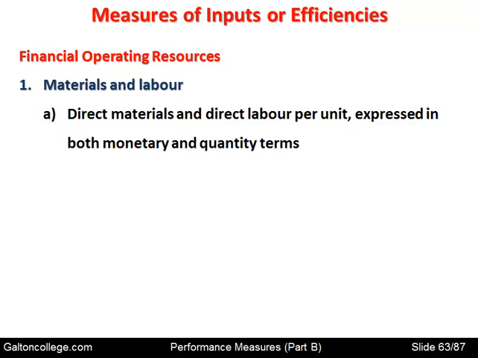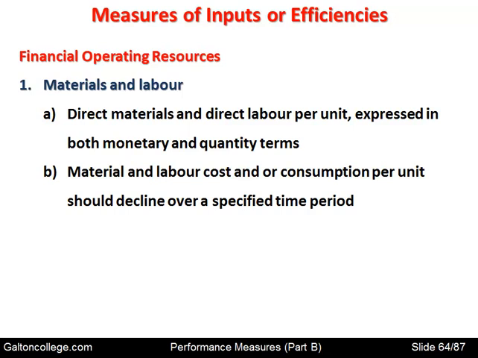How many iron bars are needed, let's say if we're talking about materials, to make a particular product? The quantity of raw material, how much is required? And also look at the cost of that. How much in financial terms does it need to make a particular output? So it's looking at direct materials and labour expressed both in monetary and quantity terms.